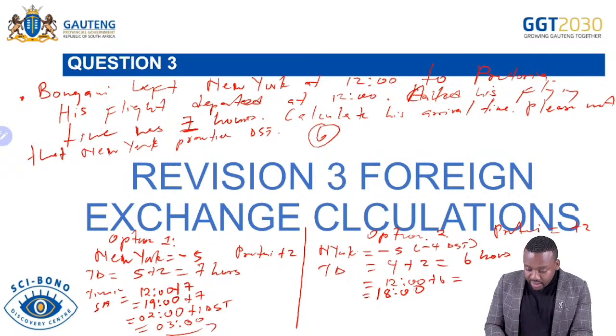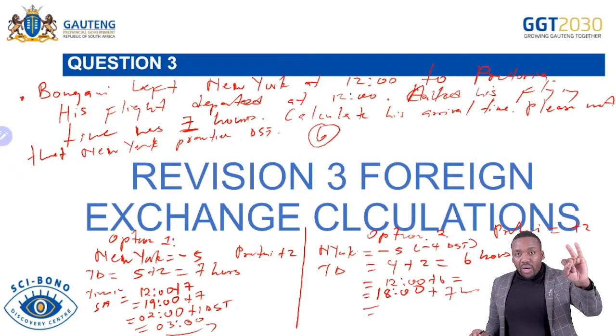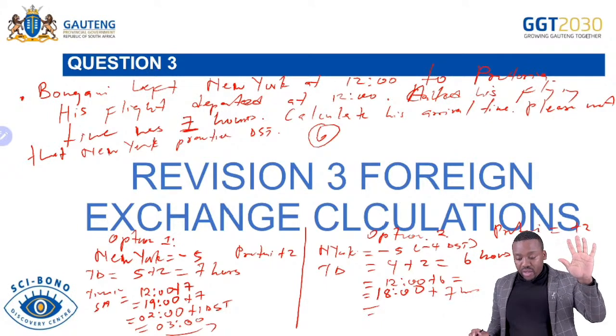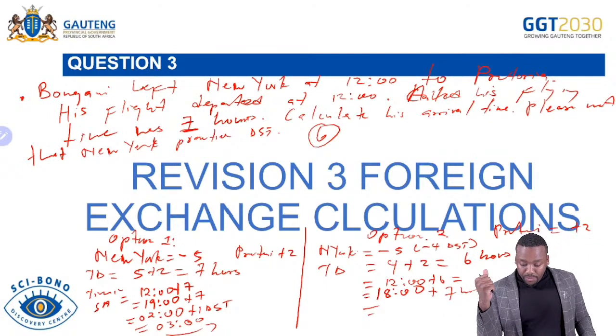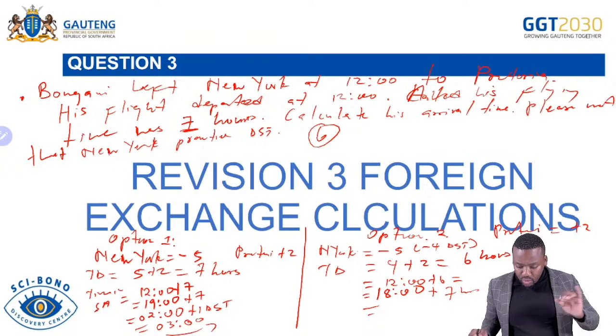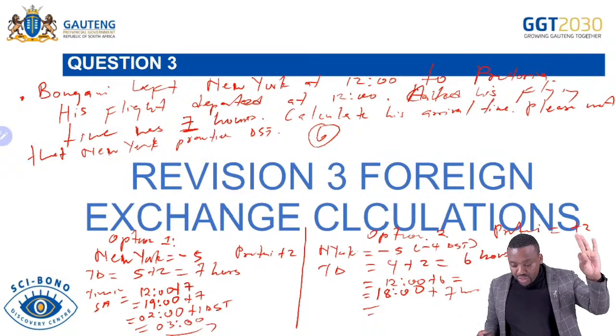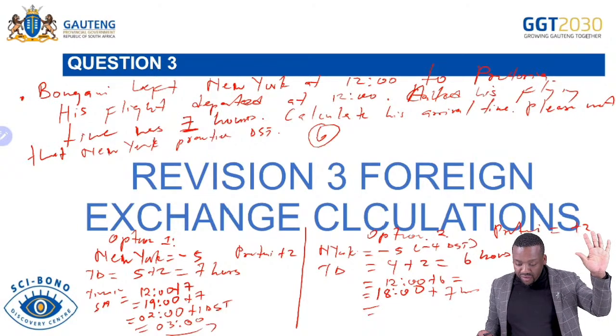Therefore, this side, we've got 18, and then we say 18 plus the flying time. Let's check. What was the flying time? It was 7 hours. Therefore, 18, 19, 20, 21, 22, 23, 24, and then, okay, 12 plus 6, 12, 1, 2, 3, 4, 5, 6, 12, 13, 14, 15, 16, 17, 18.